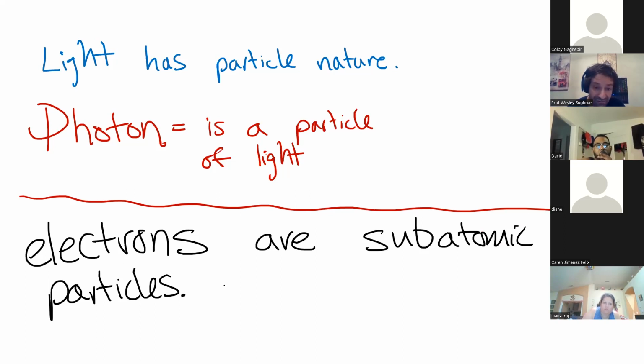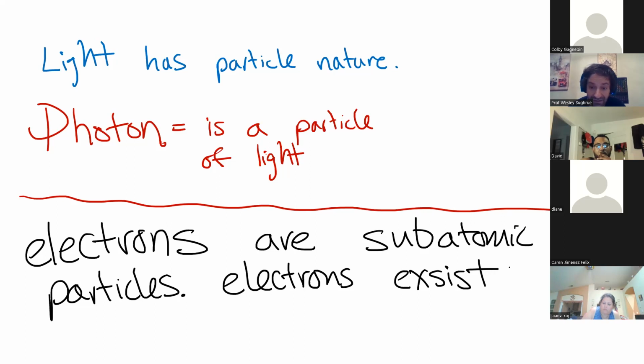Now I'm going to tell you electrons, and I've said this before, electrons exist in orbitals. And if you've read the chapter, if you've at least looked at some information, you'll have come across this word, orbitals.